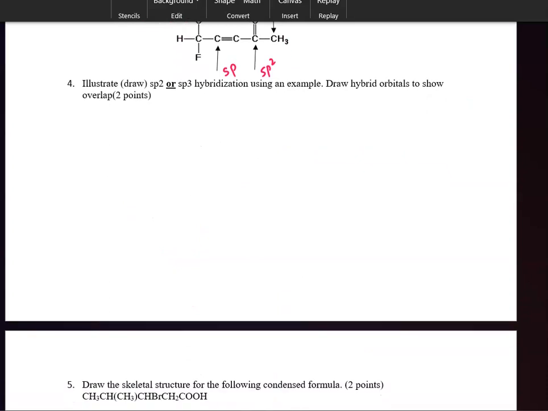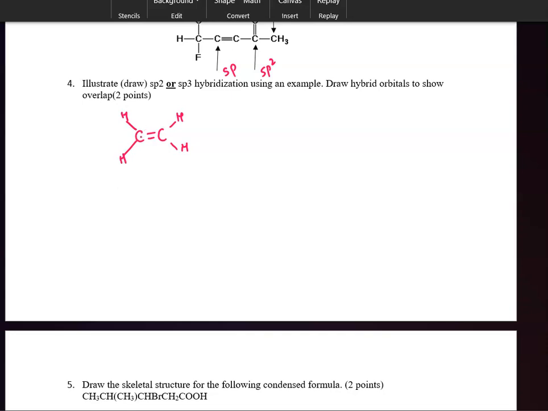Illustrate or draw sp2 or sp3 hybridization using an example. You can use any example for sp2. For example, if I use the methylene butene as my example for sp2, the structure of that.